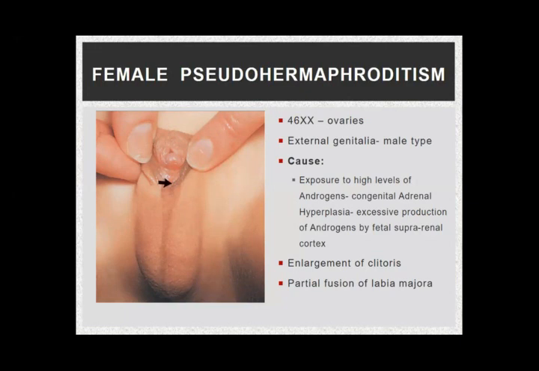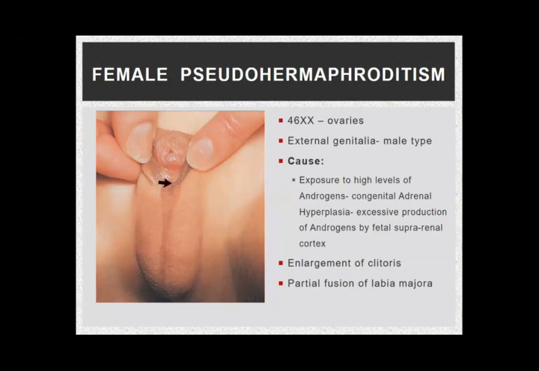मैं फिर explain कर देती हूँ. It is either the mother is exposed to high levels of androgens as it is, or the baby, the embryo that is developing, the fetus, that poor fetus, may have developed hyperplasia of the adrenal glands, with androgen production by the fetal suprarenal glands.